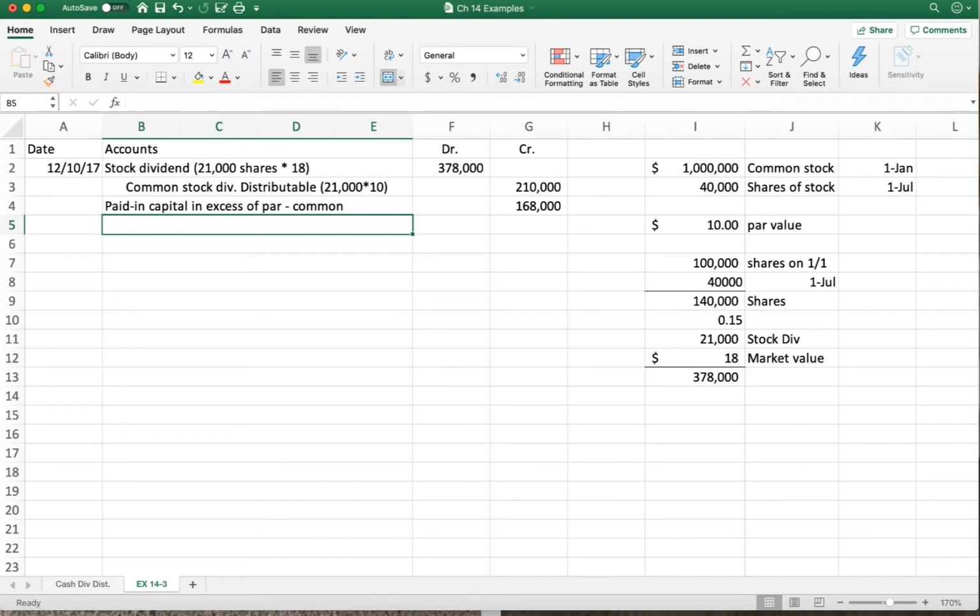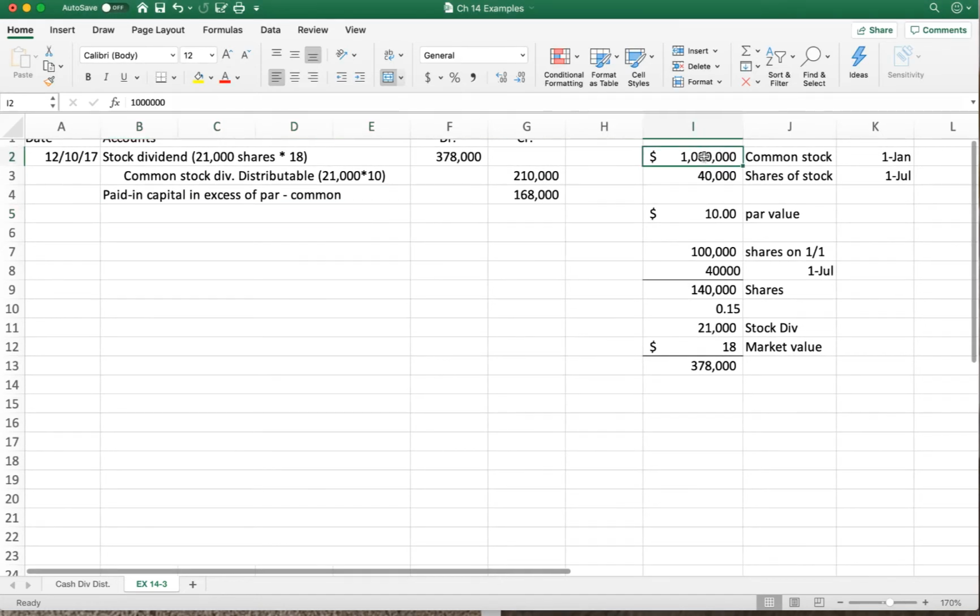Now, let's look at Part B. Part B says what? Well, it says that our par value and market value have in fact changed, right? In Part B, the market value is $20 and the par value is $5. Super easy to do. We're going to do the same exact thing that we have done before, right? The only catch is we got to recalculate everything, okay?